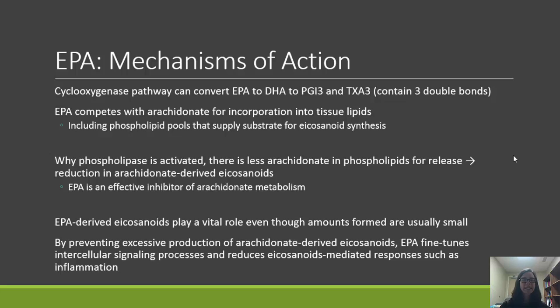So in that way, EPA fine-tunes the intracellular signaling process and reduces the arachidonate-derived eicosanoid-mediated response, such as inflammation. In this way, EPA really has an action of inhibiting inflammatory processes so that they don't become uncontrolled.